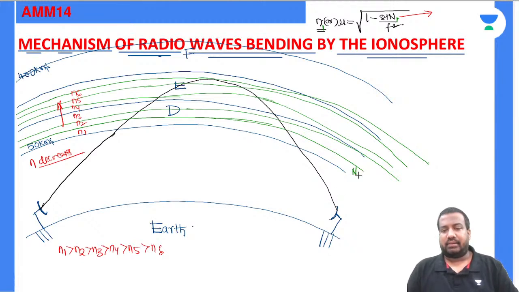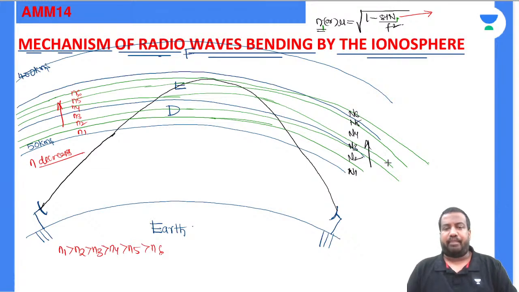Ionic densities are N1, N2, N3, N4, N5 and N6.